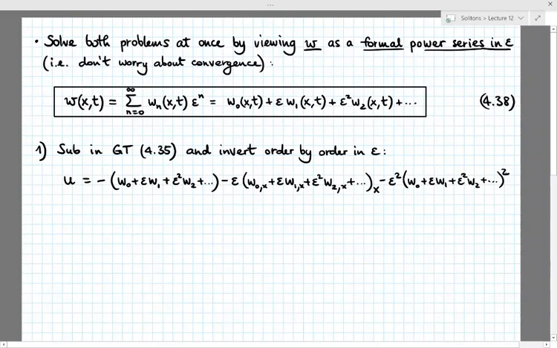And now we're going to expand the right-hand side and collect terms of the same order in epsilon.